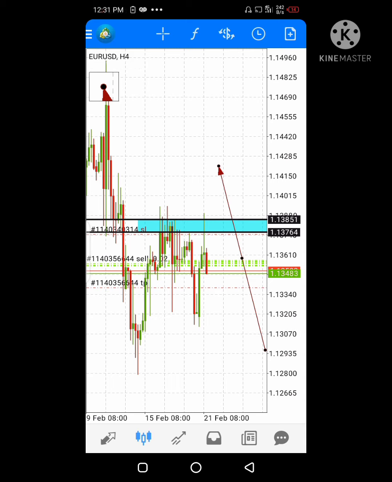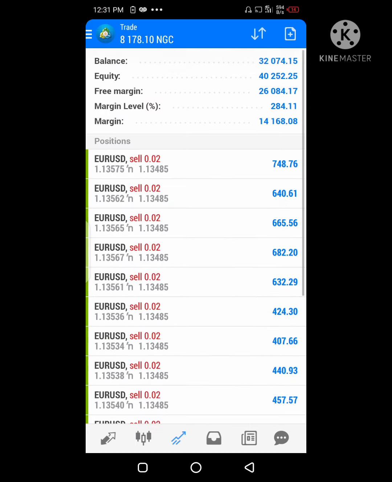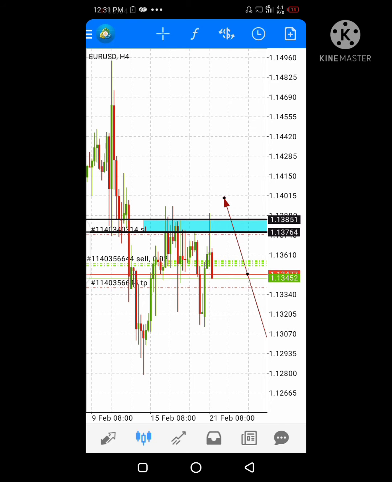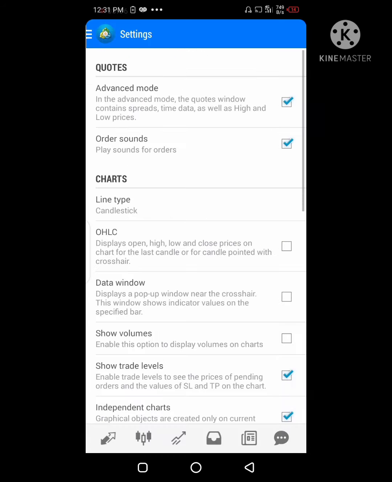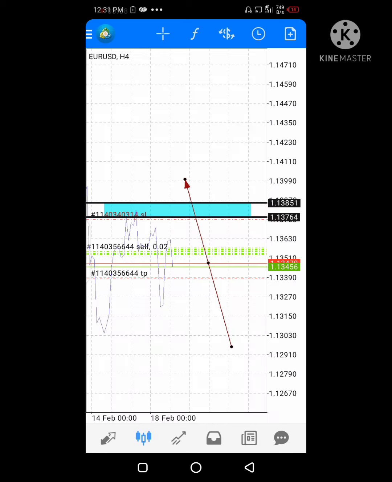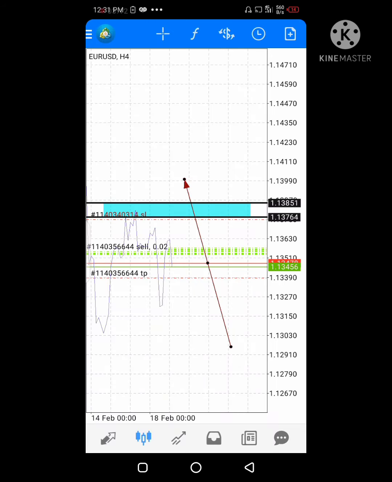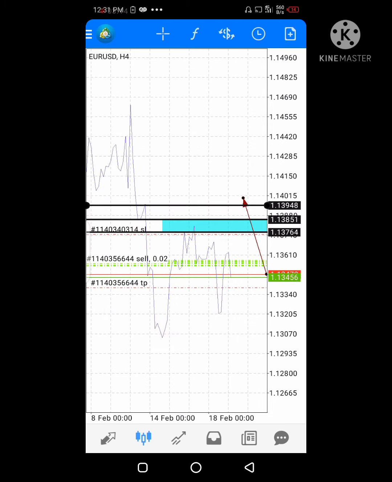So suppose stop loss, I think we entered from this angle here. I suppose the stop loss should have been, I'm going to change to line chart, should have been here. Right here.